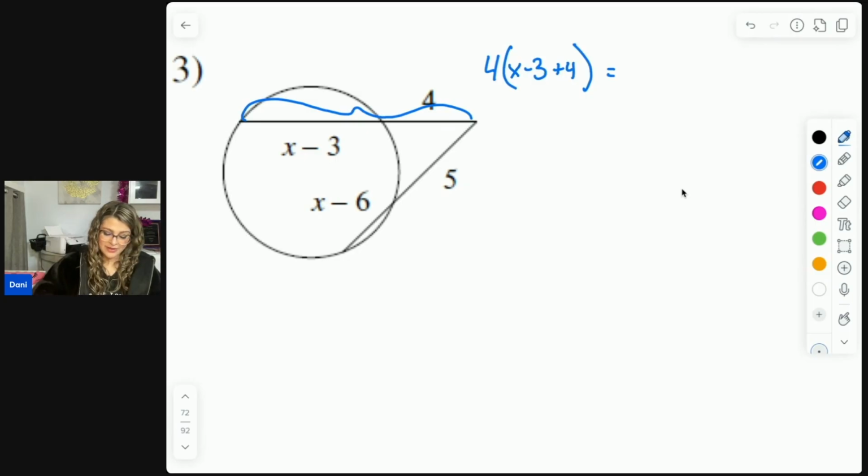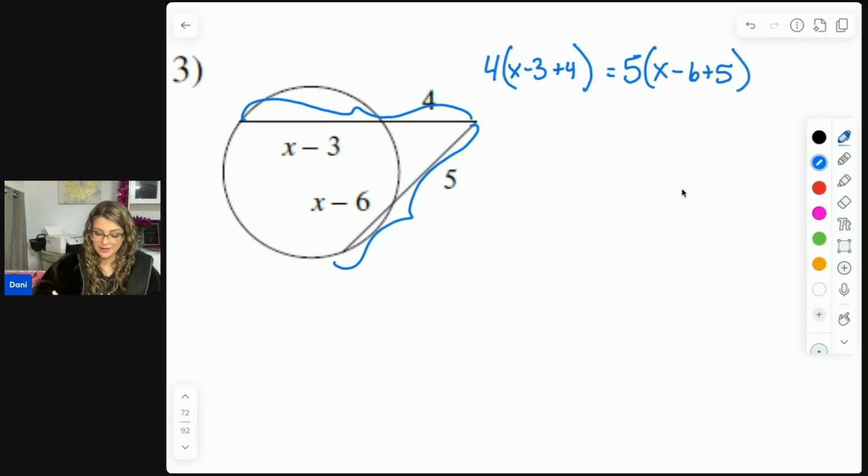And then we have the outside of the other one, which is 5, and then its whole shebang as well. And then we're going to simplify inside those quantities. So we've got x plus 1. And in the other quantity, x minus 1.